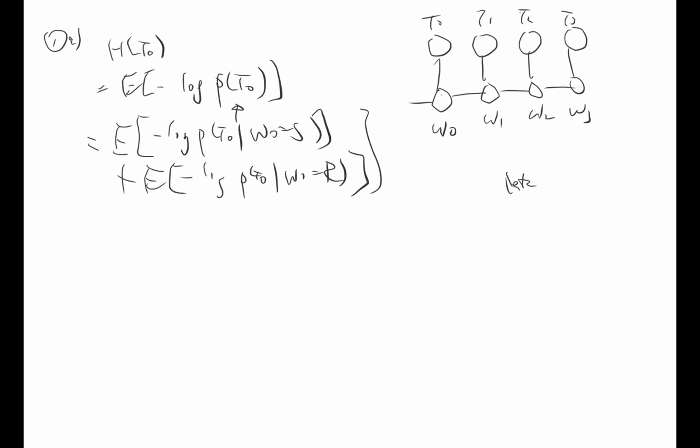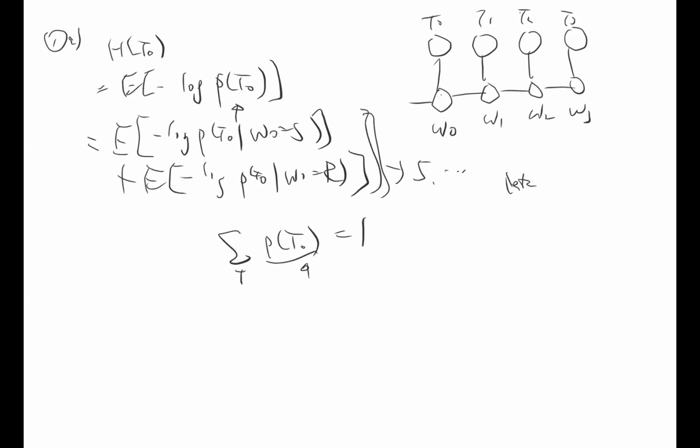And for those who got a value of say 5 point something bits, most likely that's what you computed. A very reasonable check is, once you get this probability P(T), it should be a probability distribution of the temperature, right? Therefore, if you sum over the temperature, it should give you 1.